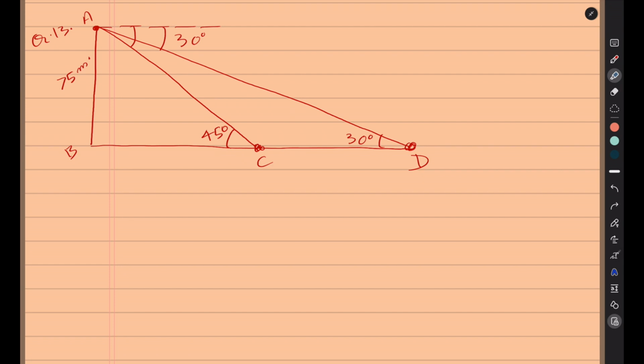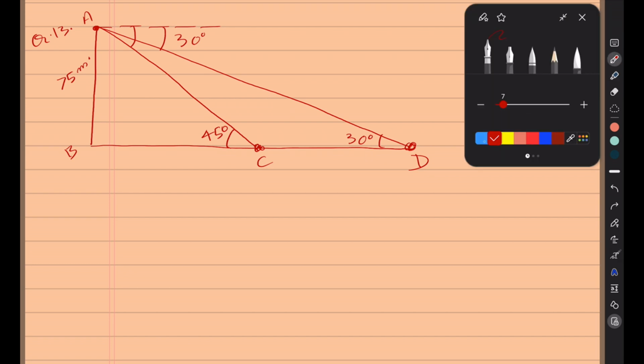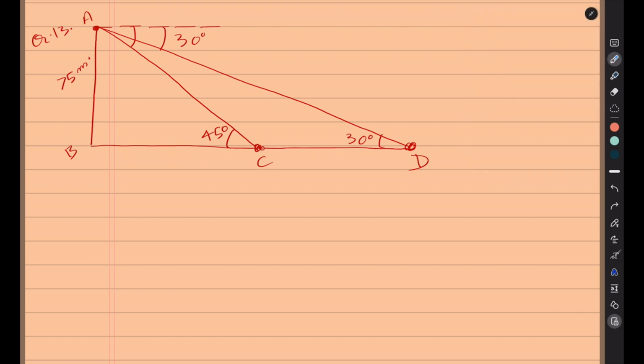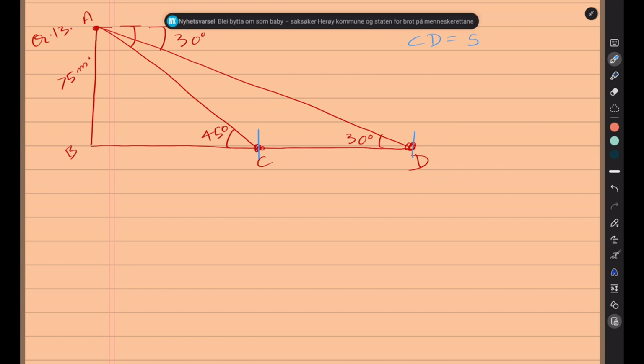Now, what is required to be found is the distance between these two ships. So the distance here, you can very well see that the distance between these two ships will be the distance CD. So CD is what is required. So let it be S distance, which we need to know.